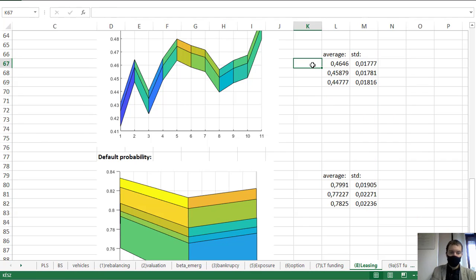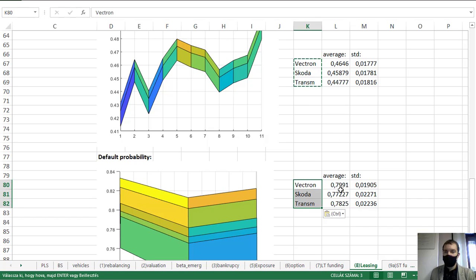So this is Vectron, Skoda, Transmontana. In the case of pre-tax profit, we can see that Vectron provides the highest profitability, regardless that they are nearly the same. Also, in the case of probability of default, we can see this strange phenomenon here. It's surprising.